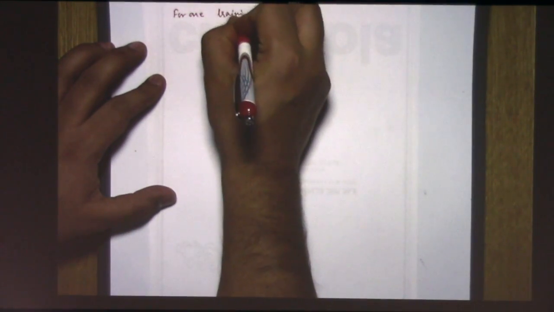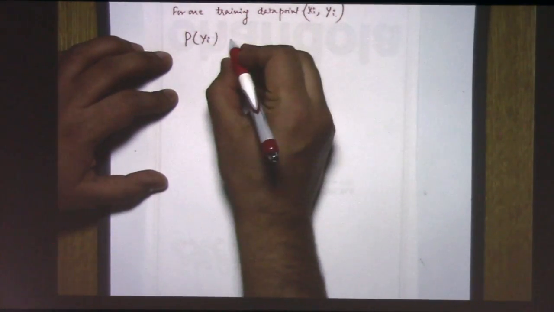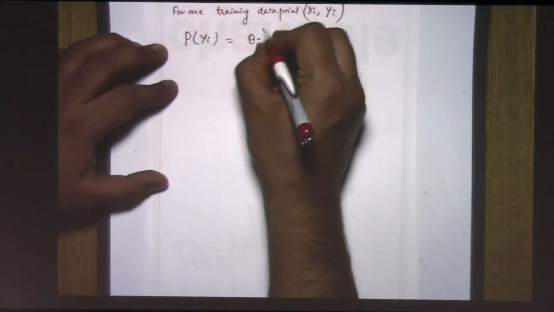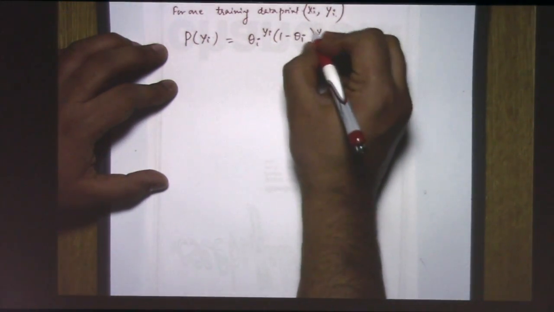So for one training data point, let's say it is xi and yi. So this is my training data point, the data and the label, right? So what is the probability of yi? It will be equal to theta I raised to yi times 1 minus theta I raised to 1 minus yi.